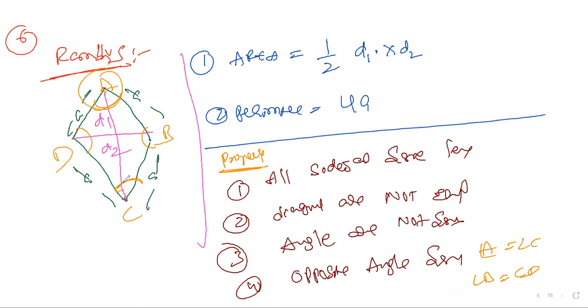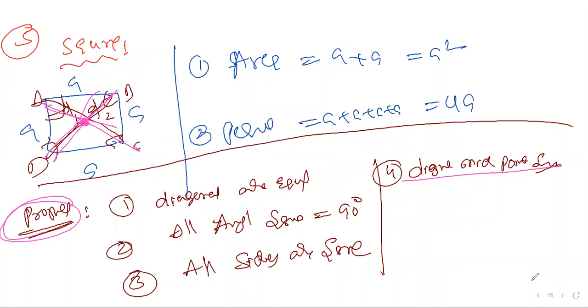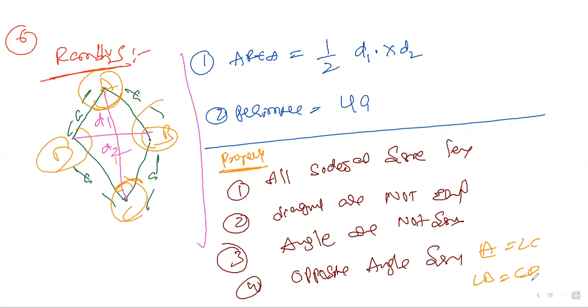The opposite angles are same, but not all same. In the previous case, all angles are same, so there is no opposite. Now this is a rhombus. Now immediately I'll turn to the seventh one.